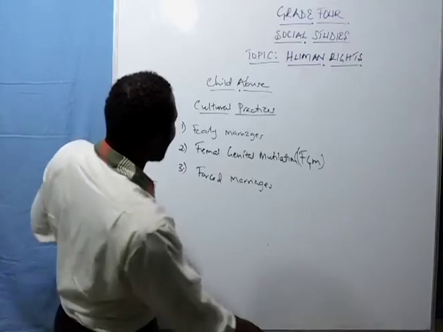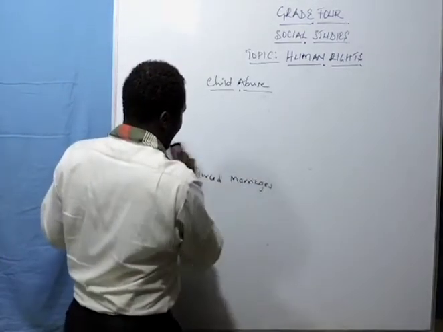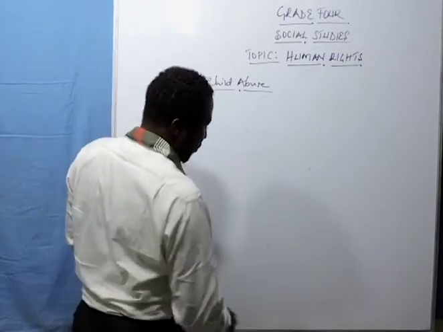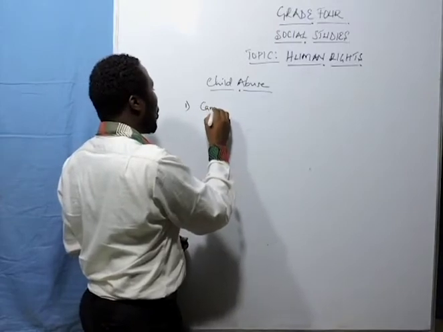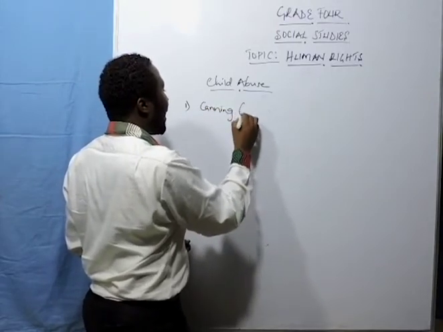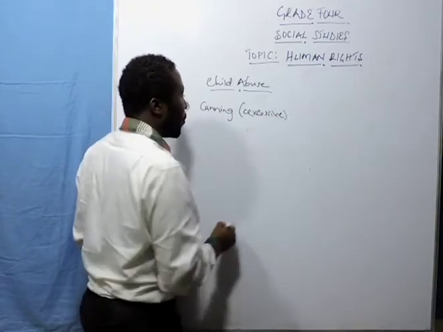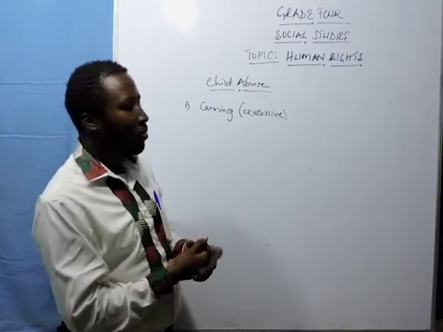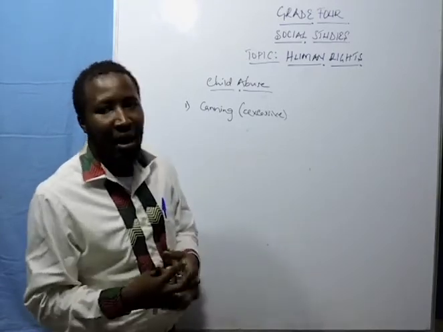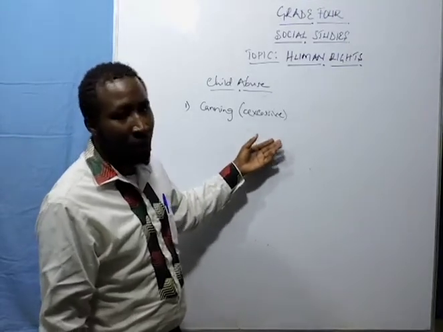Now, as we look at other forms of child abuse, another form of child abuse that we have, apart from the cultural ones, is what we call caning, whereby excessive caning, in some schools or some sectors, children are caned excessively, making them have marks on their body.